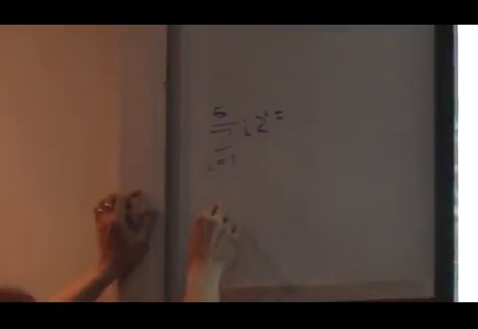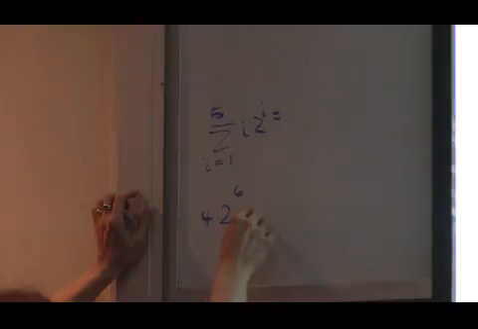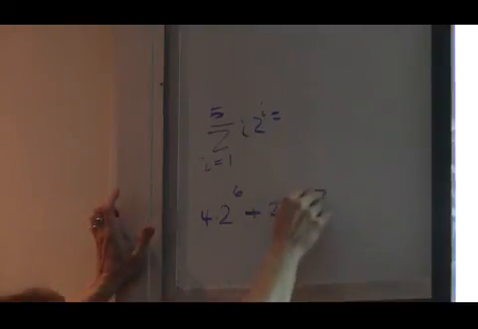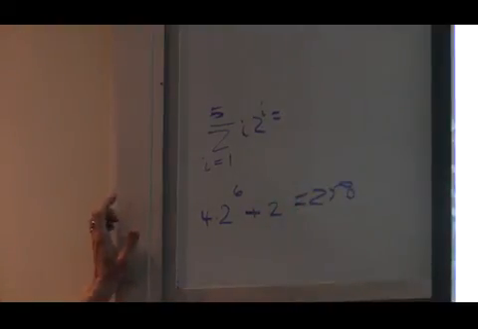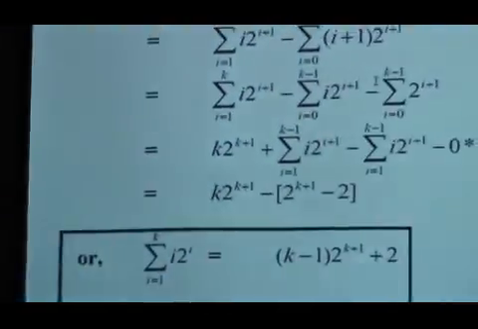So it's going to be 5 minus 1, which is 4, times 2 to the power of 6, plus 2. What's 2 to the 6? 64. 256. This is equal to 258. Okay? That's it.